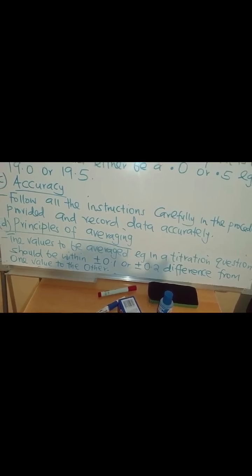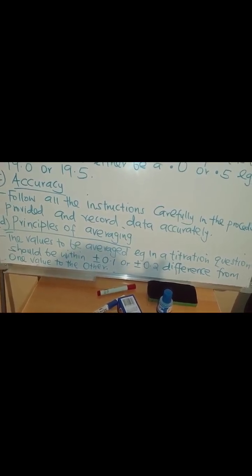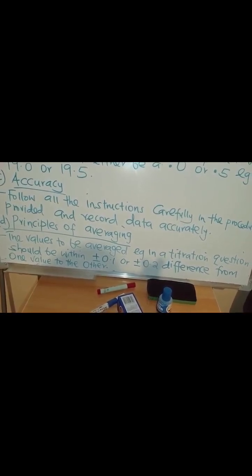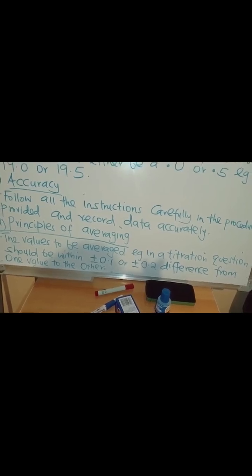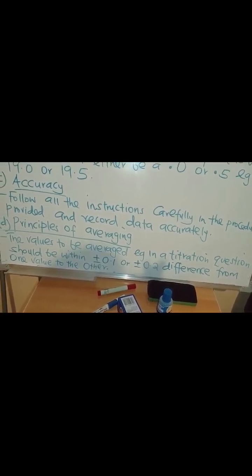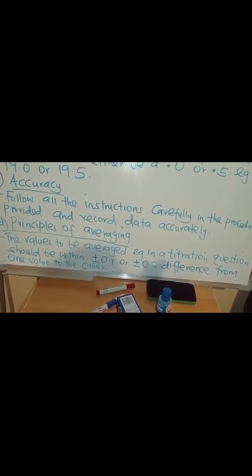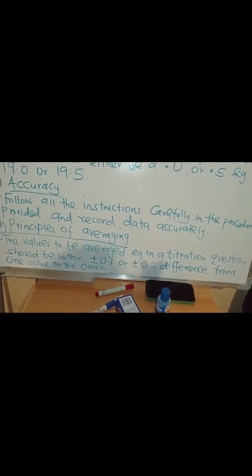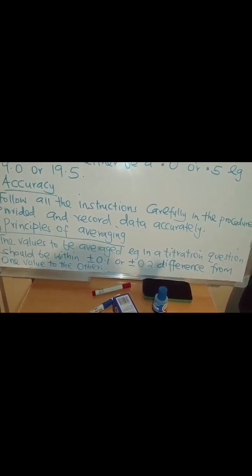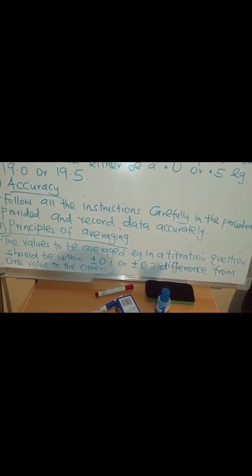Next I'll be providing you a table as an example so that you and I can assist each other in knowing which values can be averaged and which ones cannot. So keep it right there.